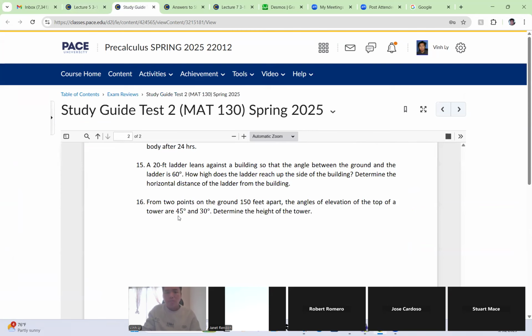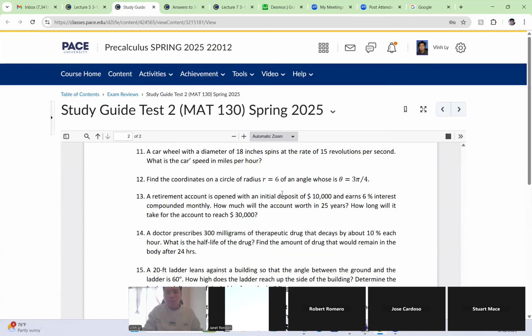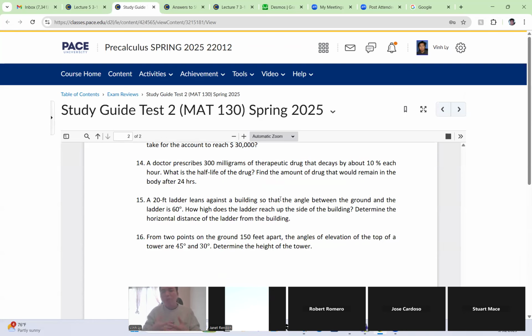Are we good? Oh, we also need to know how to find the coordinates on a circle with radius r and the angle 3 pi over 4. You should know how to find the area or the arc length of a circle based on the angle and the radius. And we should know how to solve the equation.